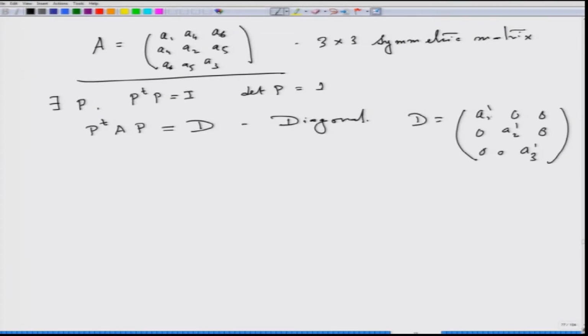These eigenvalues are real: A1 prime, A2 prime, A3 prime are the eigenvalues of A, and the corresponding columns of P transpose, or rows of P, are the eigenvectors of A.